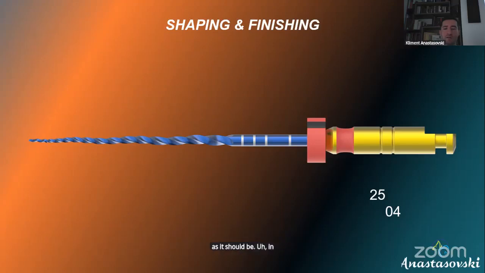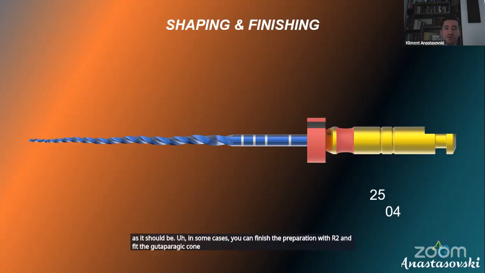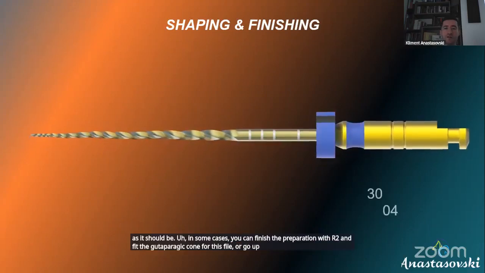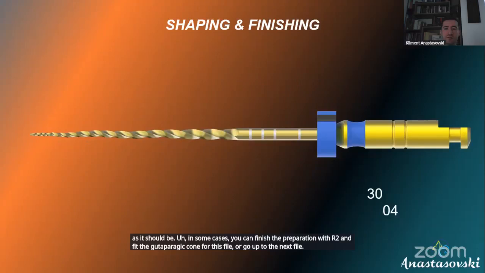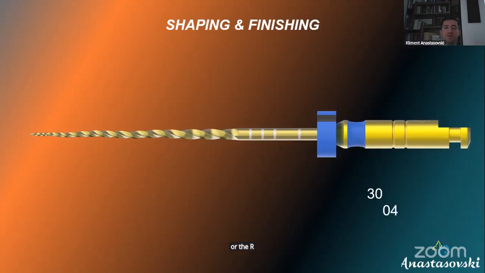In some cases, you can finish the preparation with R2 and fit the cone for this file, or go up to the next file, the R3, which is a 6% taper, a gold alloy. It is a very flexible file with the same maximum diameter, 1 millimeter, for the preservation of pericervical dentin.